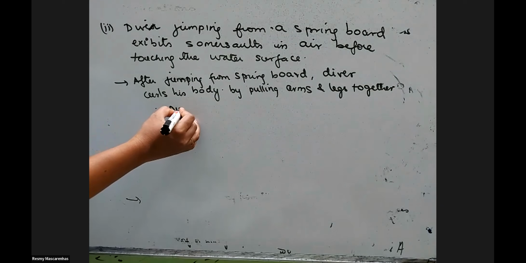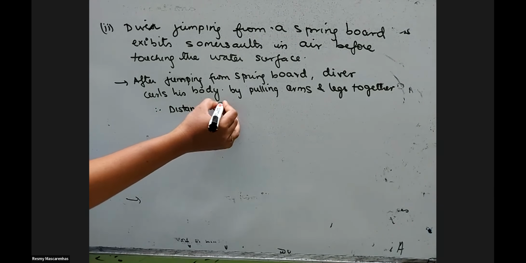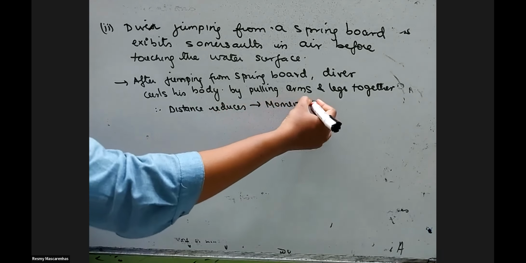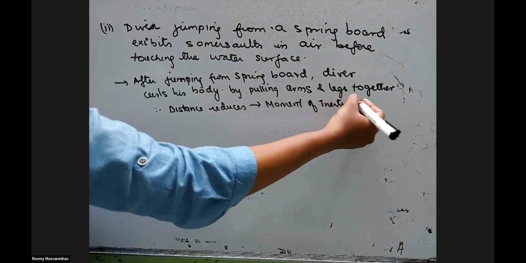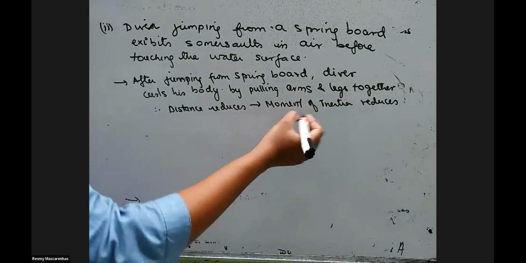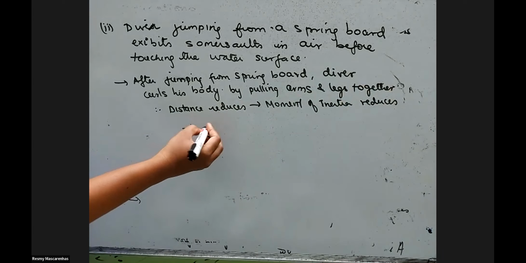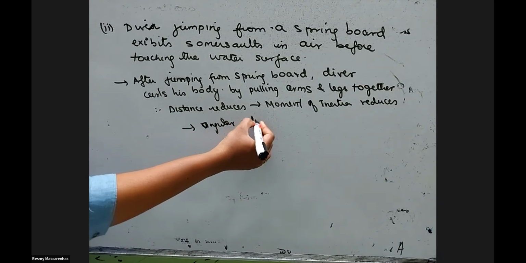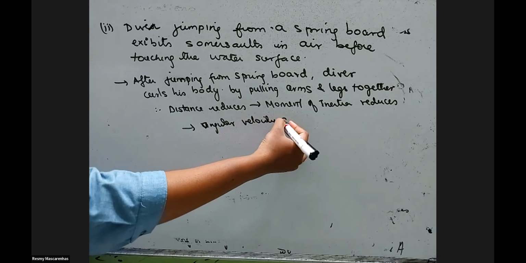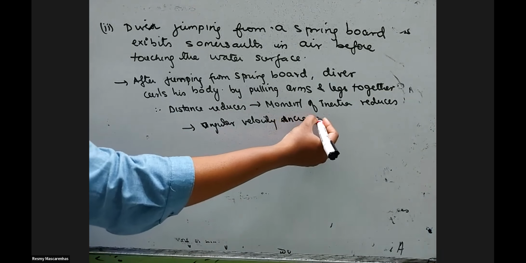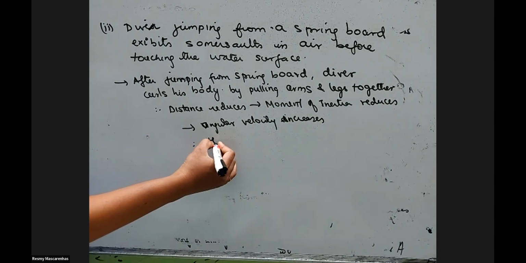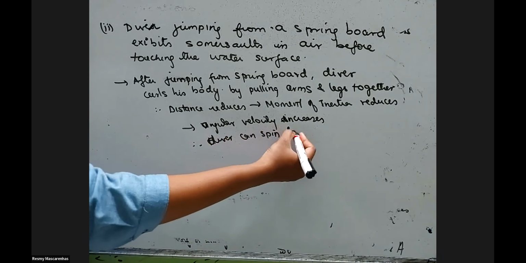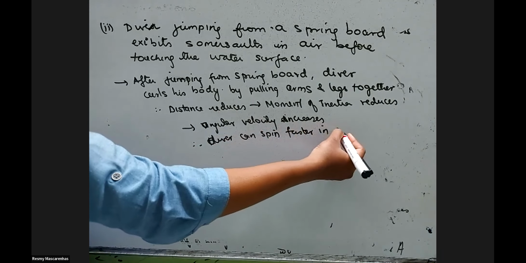Therefore, distance reduces. Therefore, moment of inertia reduces. And if moment of inertia reduces, therefore, angular velocity increases. So velocity of spinning increases. Therefore, the diver can spin faster in mid-air.